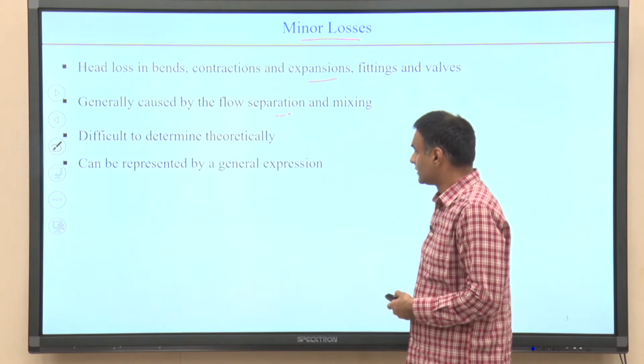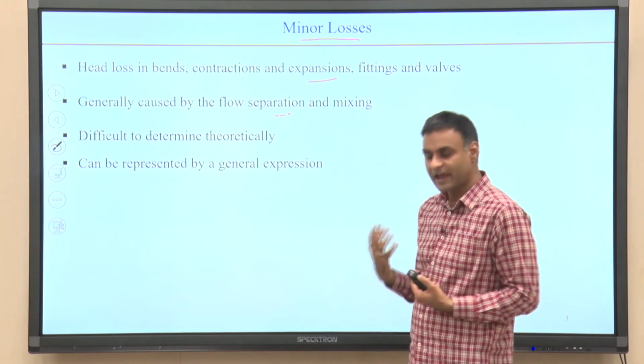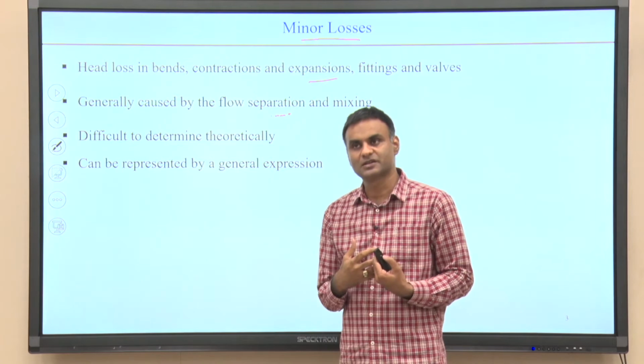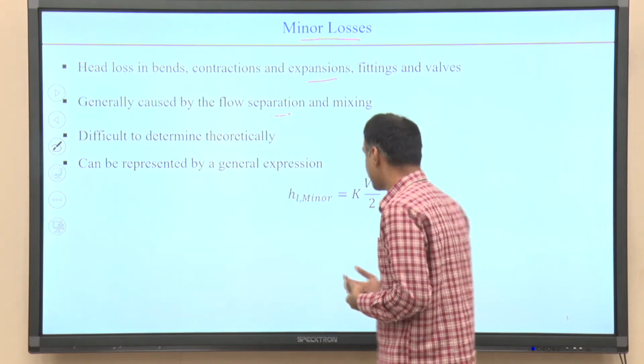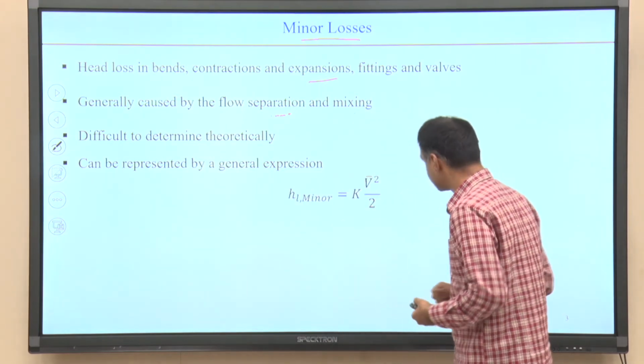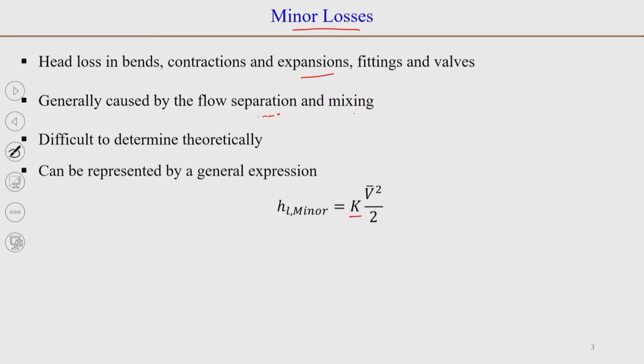Now, we can have a general expression for minor losses, and the commonly used expression is K times V squared by 2, where V bar is the mean velocity, and K is called the minor loss coefficient.